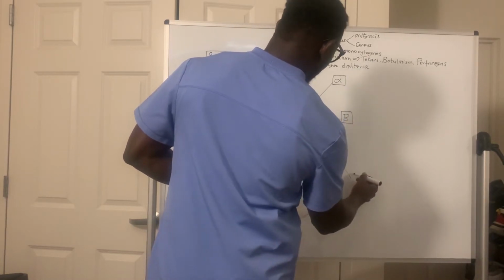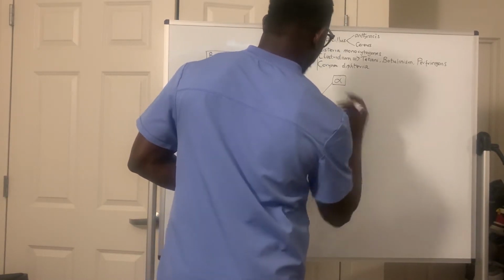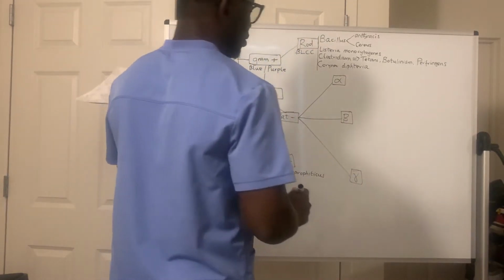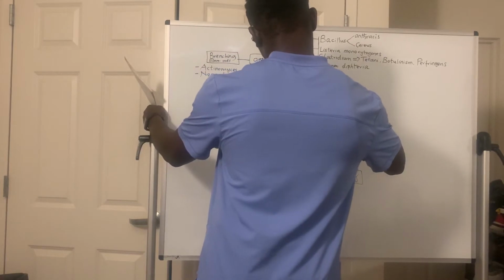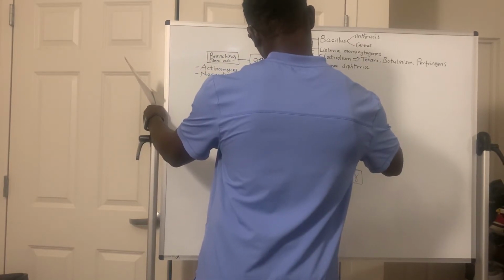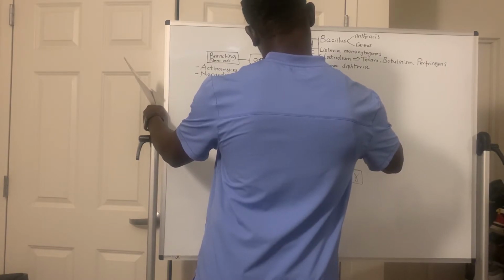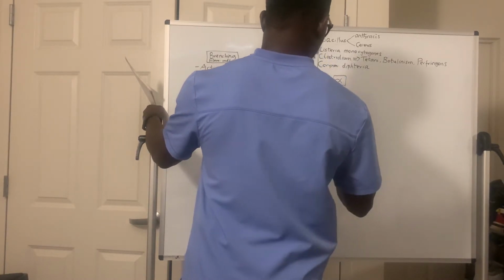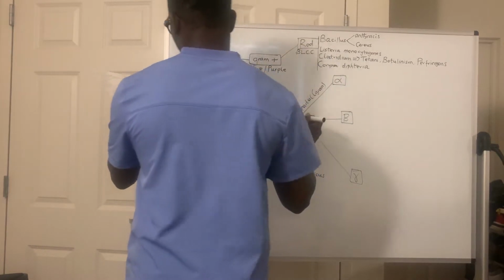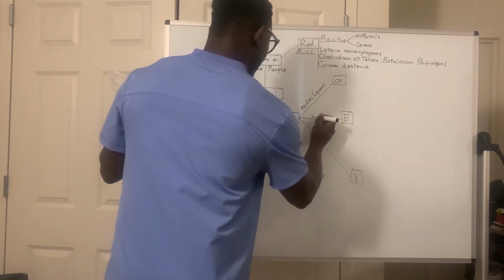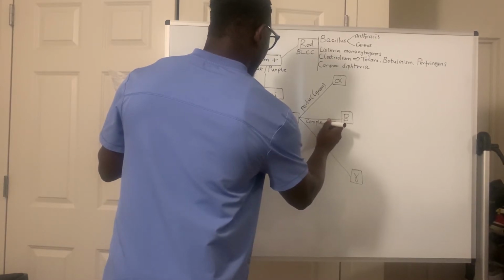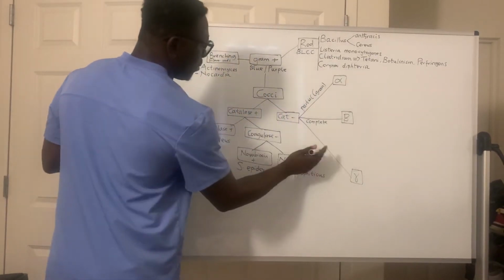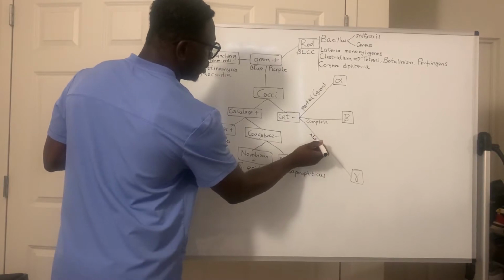Alpha hemolysis is partial, and the color is green. Beta hemolysis is complete hemolysis. And then gamma hemolysis, there is no hemolysis.